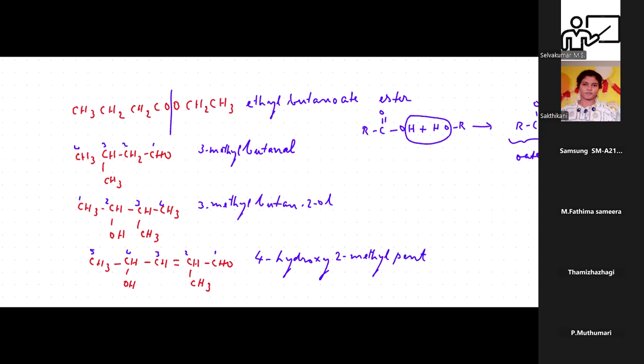In the second position, unsaturation is there, 2-ene, and aldehyde group is in the first carbon, 1-al. So 4-hydroxy 2-methyl pent 2-enal or 2-en-1-al. And let us do one more thing. I think with this, the time is over.